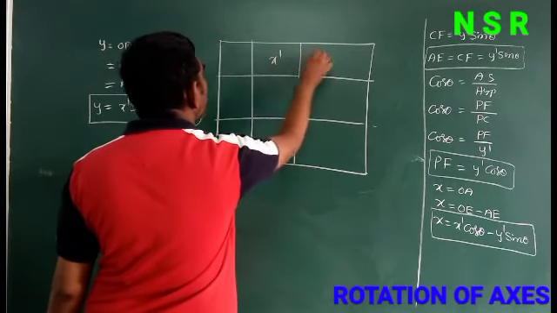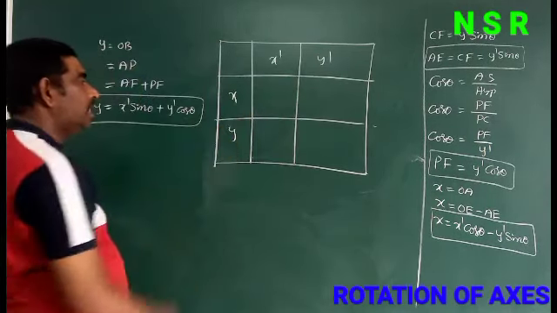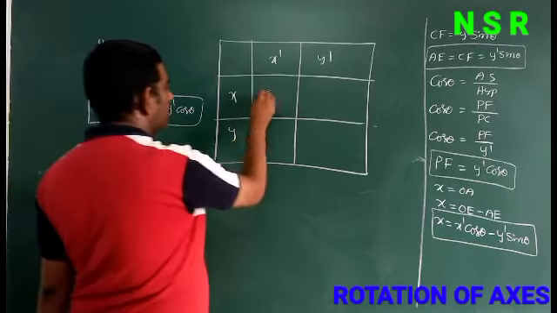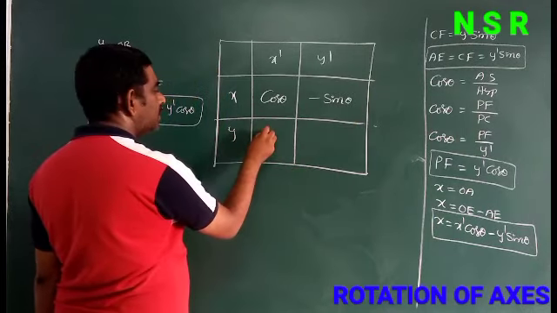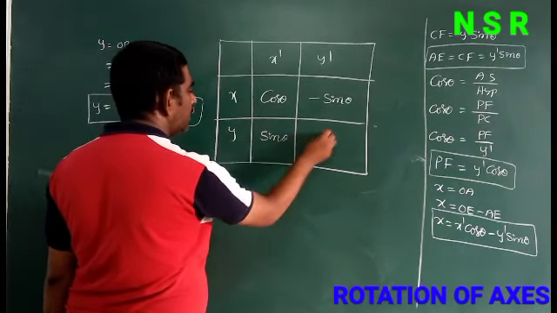Write here x dash, y dash and write here x, y. First write here cos theta and minus sin theta, and next write sin theta and cos theta.